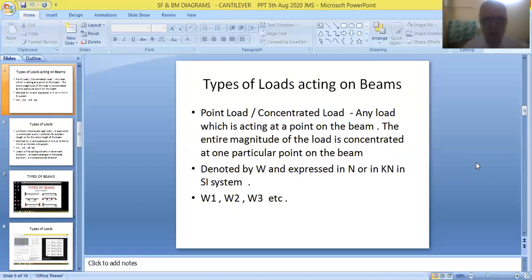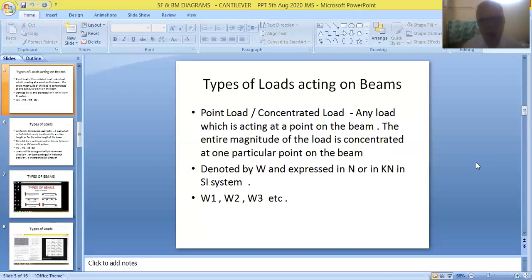Here the entire load is concentrated at one particular point on the beam. So that's why it is called a concentrated load. In other words, the entire load is acting at one particular point on the beam.